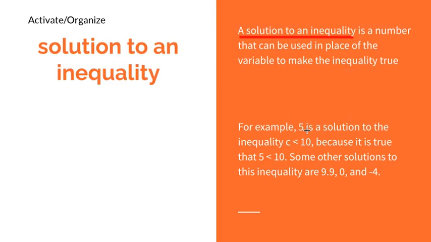As long as it makes it true, then it works. So like here, 5 is one of the possible solutions, right? But you really could put anything, as long as it's, they have 9 and 9/10. That's still less than 10. You'd have -4, 0, -1 million. It could go on and on and on and still make this true.